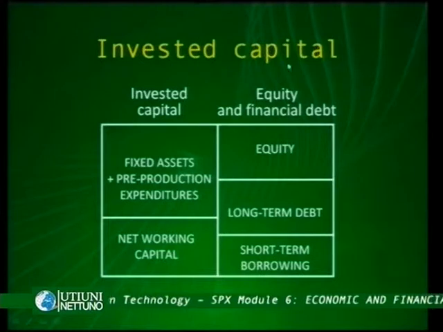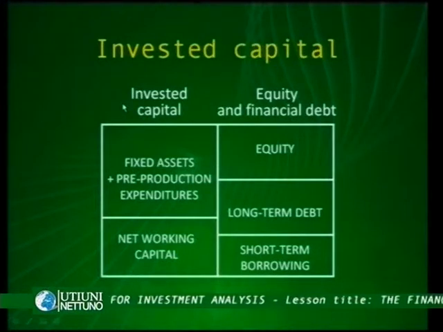And what do we have on the right side? Well, on the right side we have the financing sources that are specifically negotiated with banks and other investors to cover the financing need generated by the invested capital.